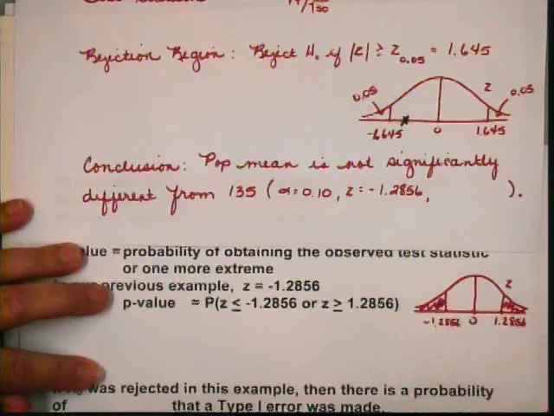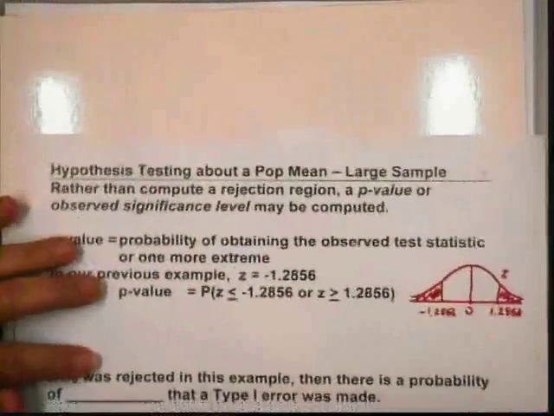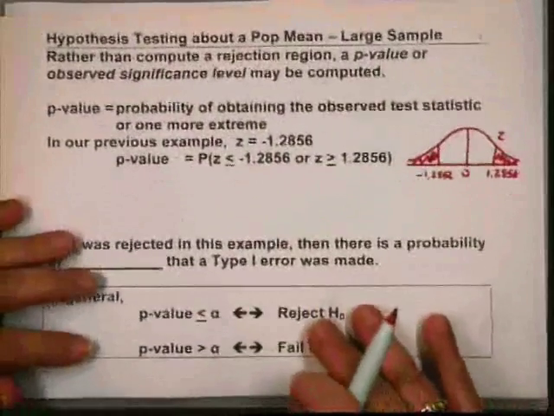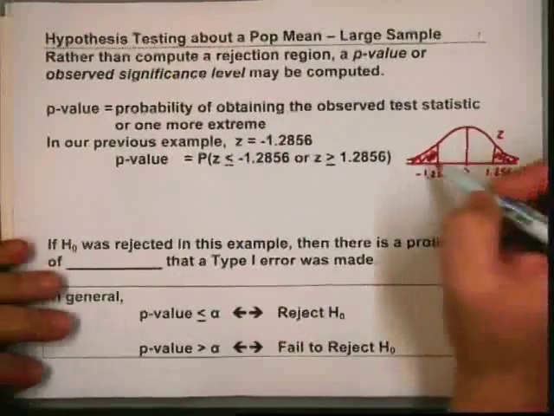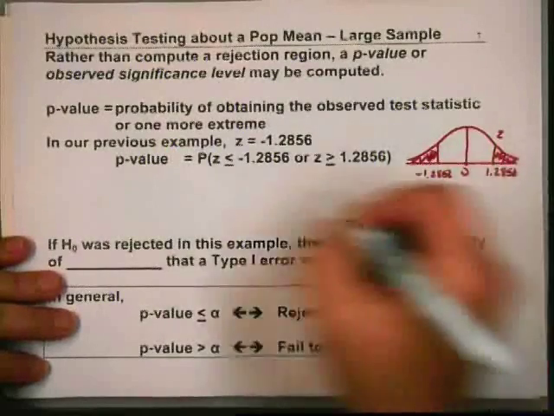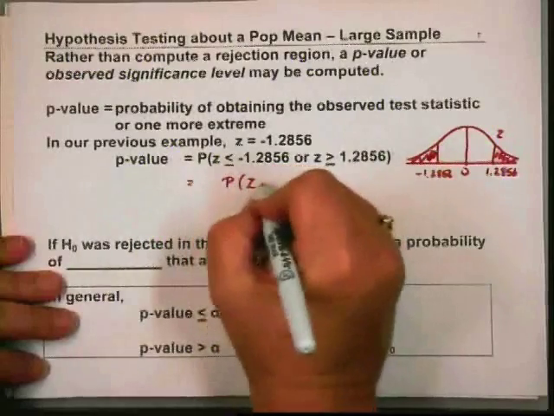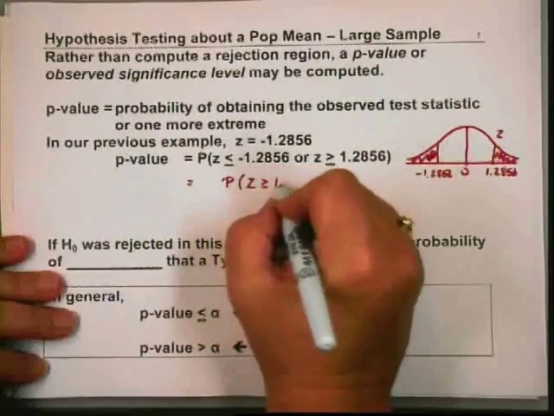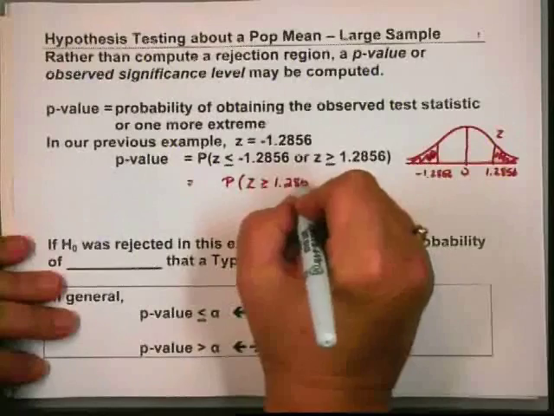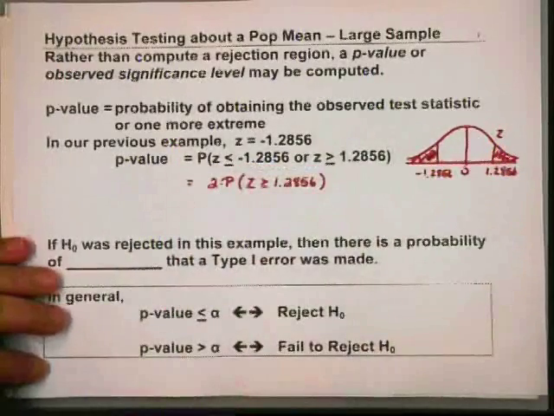I want those shaded areas added together. By symmetry, I know this piece is the same size as this piece. And so it's easier for me to compute the probability that Z is greater than or equal to positive 1.2856, and then I'll just multiply by 2. Agreed?